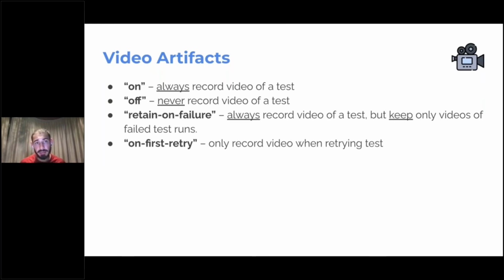So this way you have a consistent behavior, but it takes a lot of resources to record and store videos. And finally, we have on first retry, which records a video only when we do the first retry of the test. Well, as I said, we don't recommend enabling videos because tracing is nicer, way nicer.